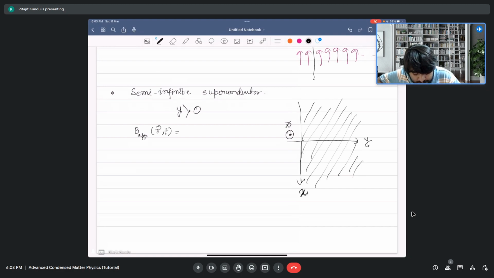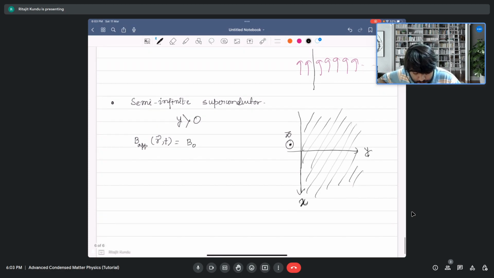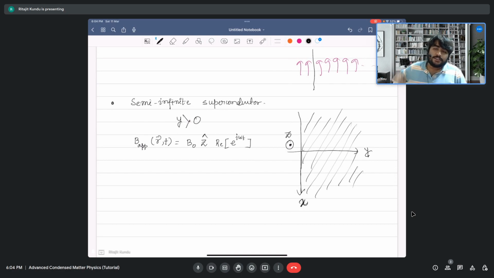It is a very simple magnetic field which has a constant amplitude B naught in the z direction, and it has a time dependent phase part, which I will write as the real part of e to the power i omega t. So this is the applied magnetic field.